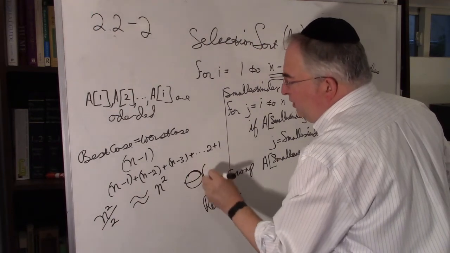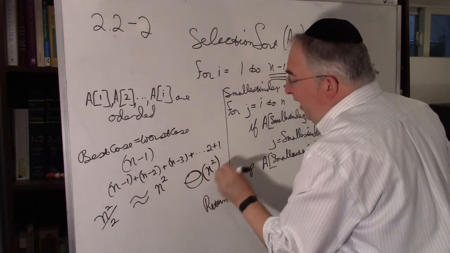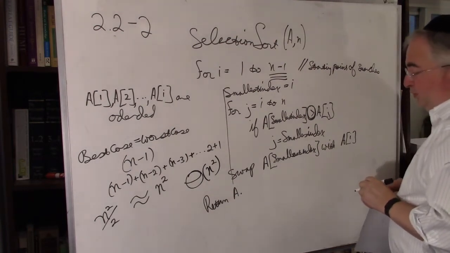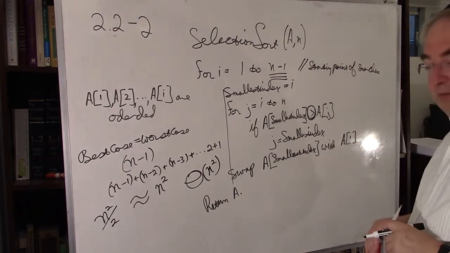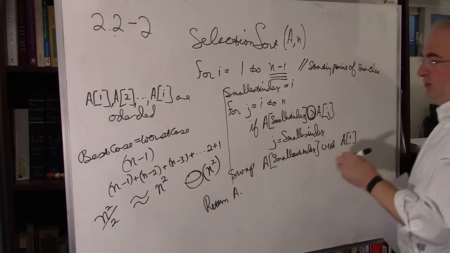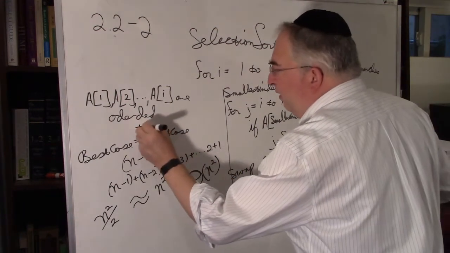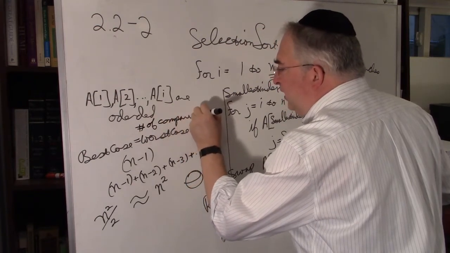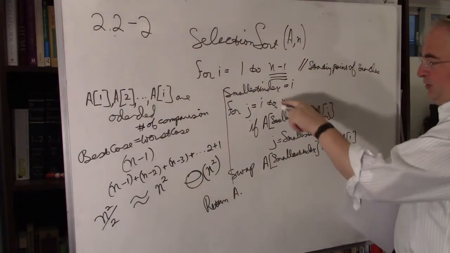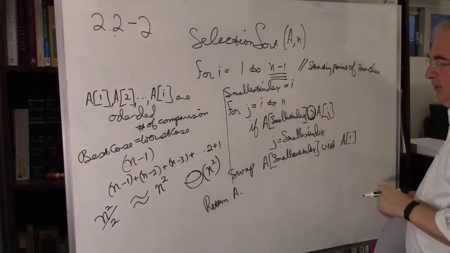Basically, in terms of theta notation, it's n squared. However, if you're also talking about how many swaps you make, it's a little bit different. So this is number of comparisons, and you're always making these comparisons, no matter what.